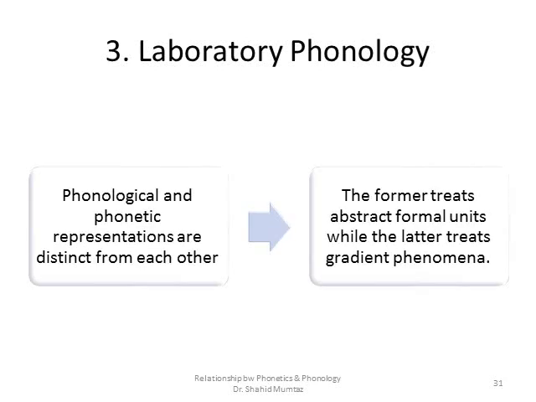In much of the laboratory work, the idea is apparent that there is a dichotomy between phonetics and phonology, and thus phonological and phonetic representations are distinct from each other, in that the former treats abstract formal units while the latter treats gradient phenomena.